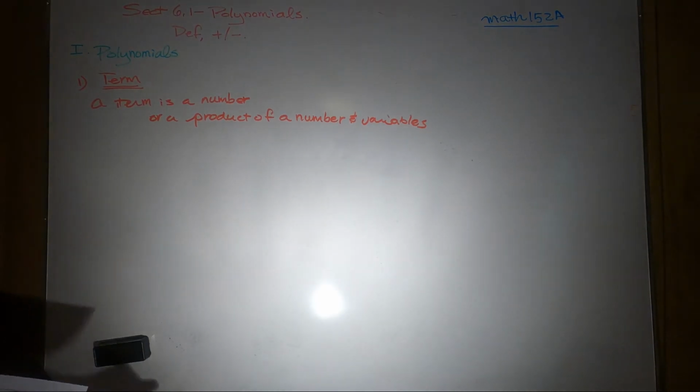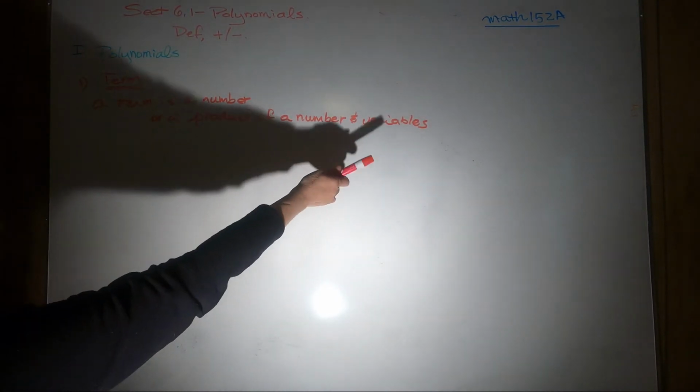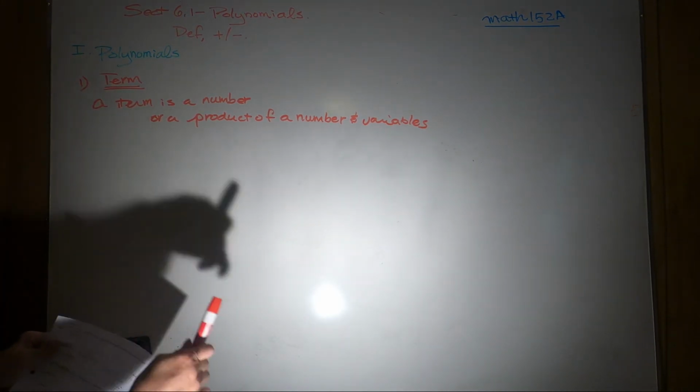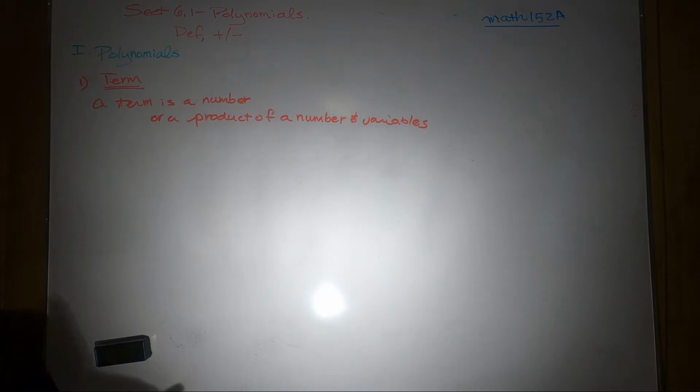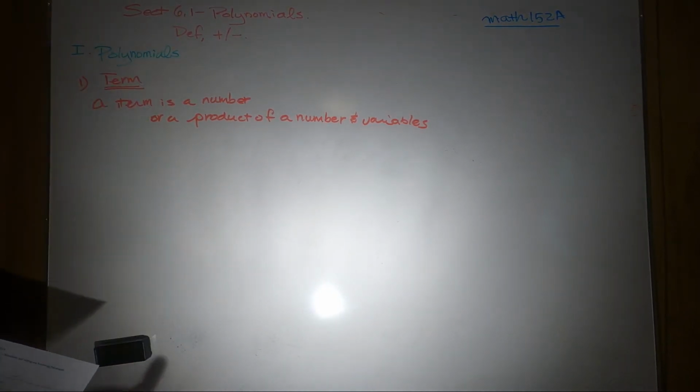So it's a combination of what? The numbers and the variables. When we put them together, we multiply them together. Then we call it what? An item, right? An item or a term.